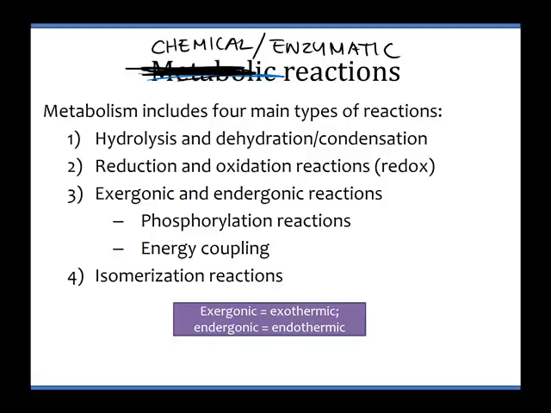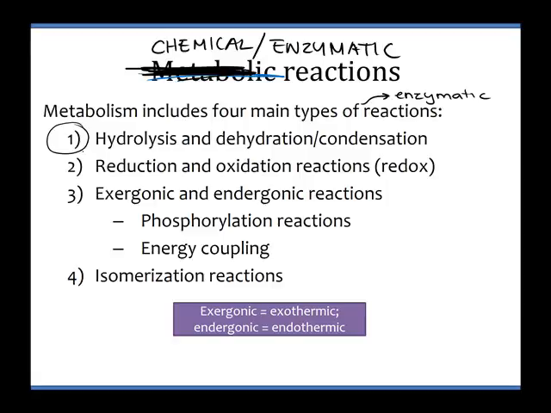A little better. Okay? So, your metabolism includes 4 main types of these chemical or enzymatic reactions. One we've already learned all about, hydrolysis and dehydration. We are not going to cover that one again. Save you the agony there.